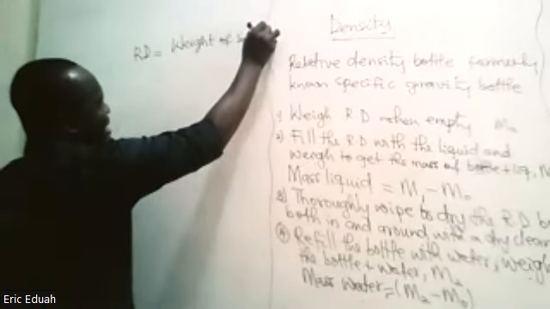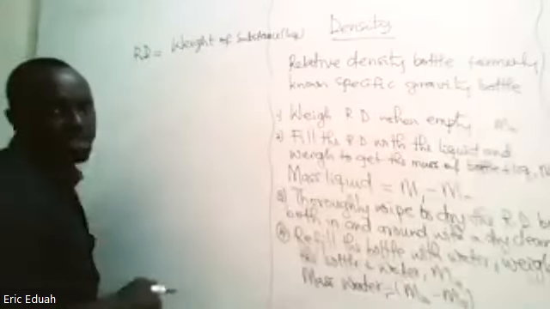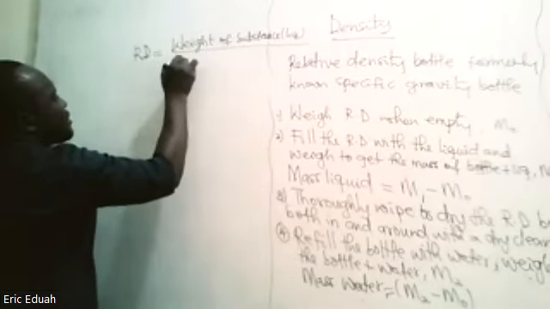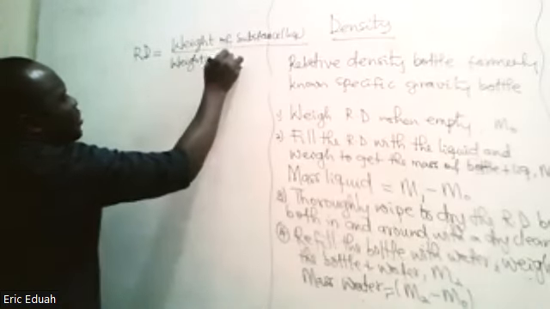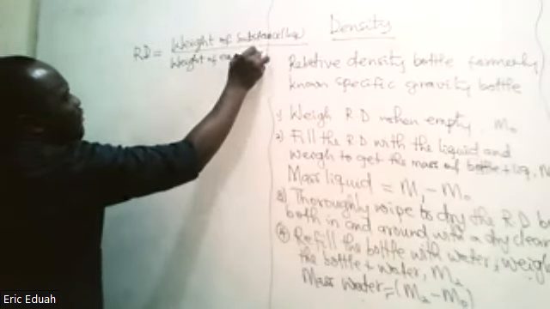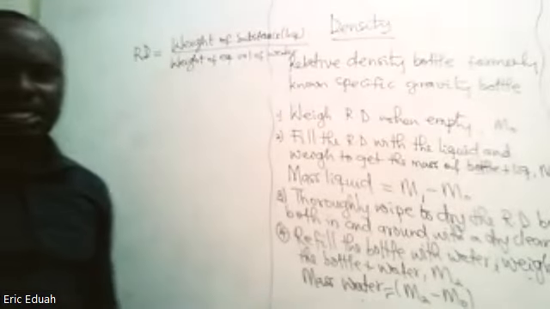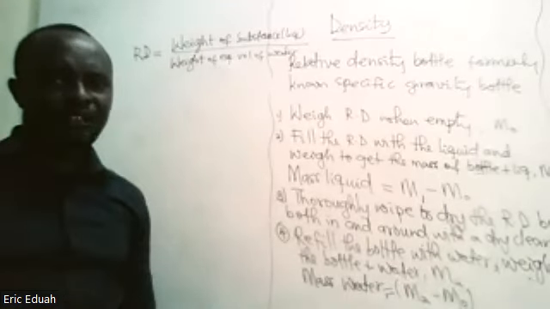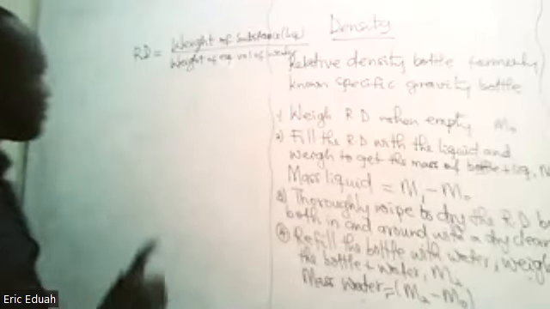And a substance here is a liquid, right? Weight of substance divided by the weight of equal volume of water. That is relative density.